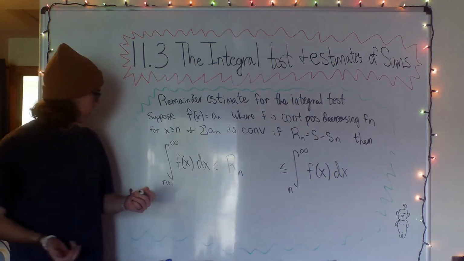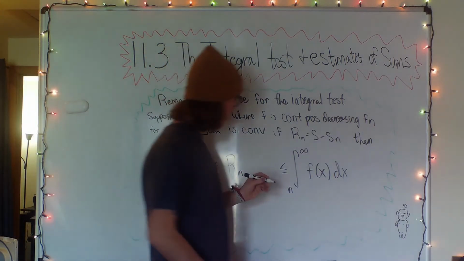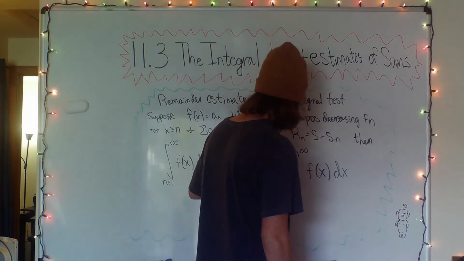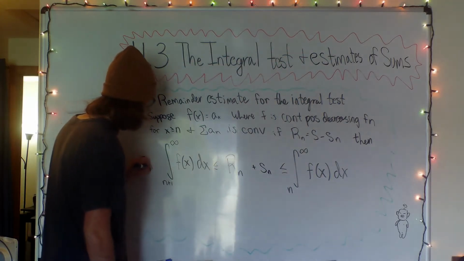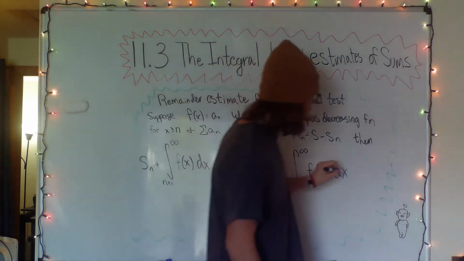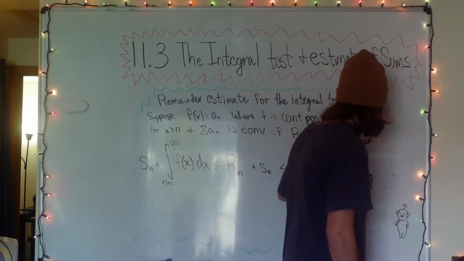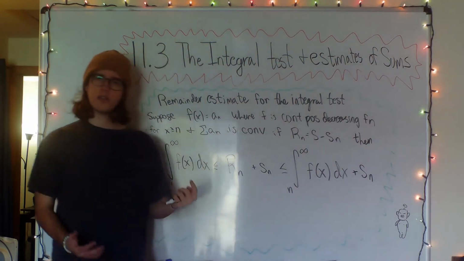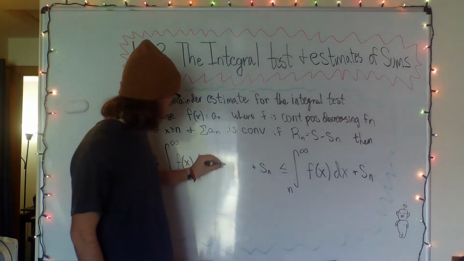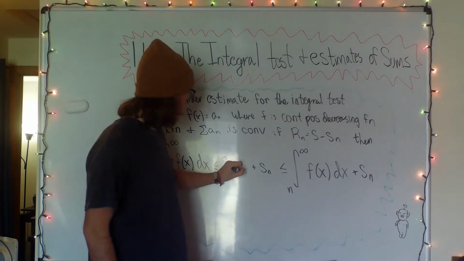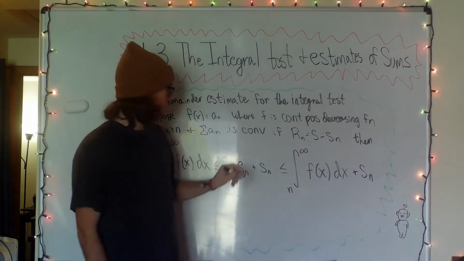And then, what happens if we add an s sub n to each part? Well, we can rewrite some things. We know R sub n is equal to s minus s sub n, and those are going to cancel out.